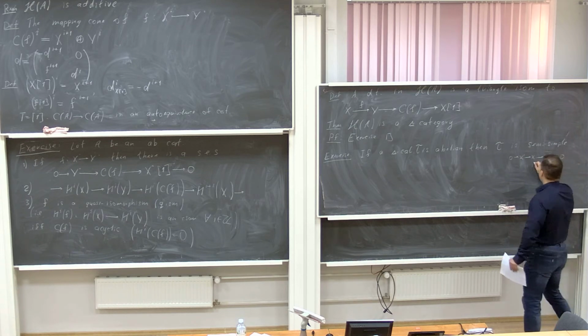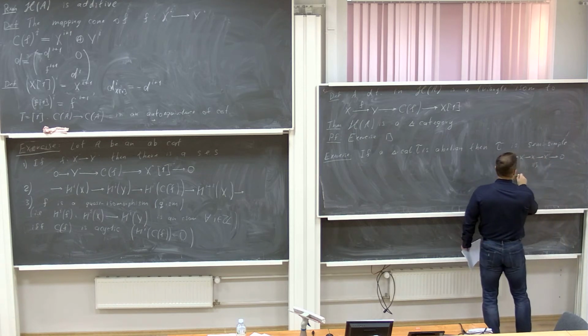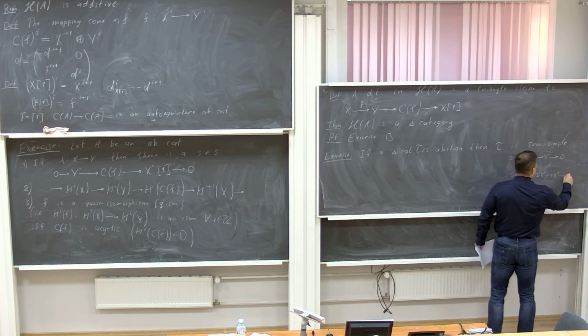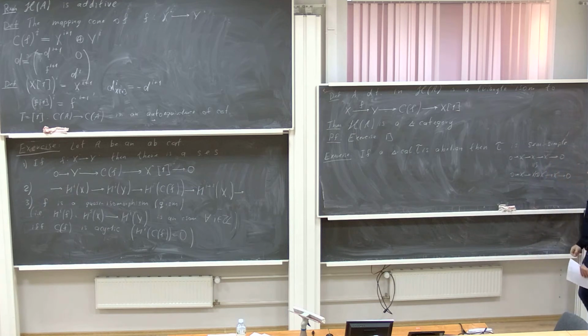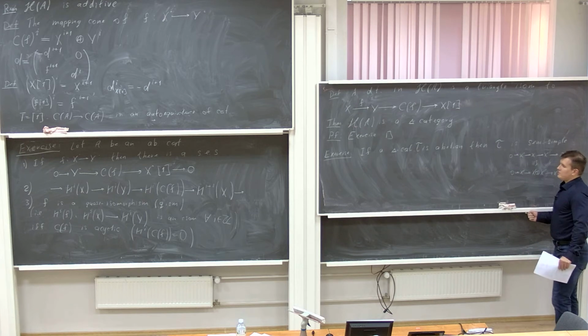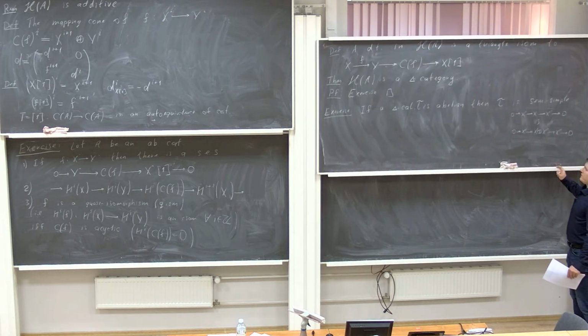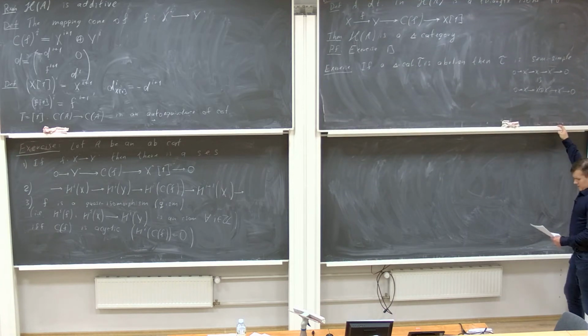So this is isomorphic, as an exact sequence, to the one where we have the sum, X prime and X double prime. A typical example of a semi-simple category would be something like modules over a semi-simple ring or semi-simple algebra. So for example, modules of the group ring, say with complex coefficients, of a finite group. Okay.